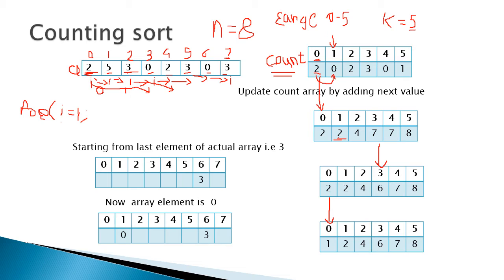Then 2 plus 2 is 4. Then 4 plus 3 is 7. Then 7 plus 0 is 7, and 7 plus 1 is 8. The meaning of this is what?